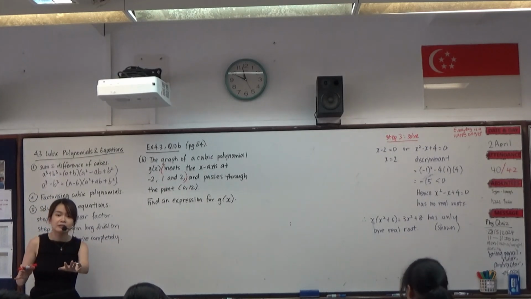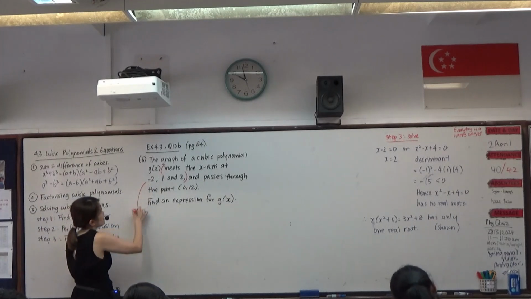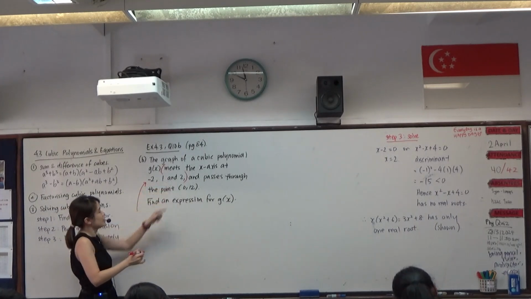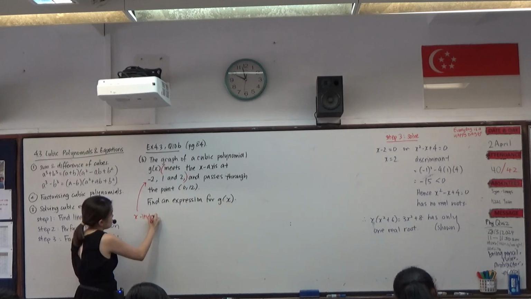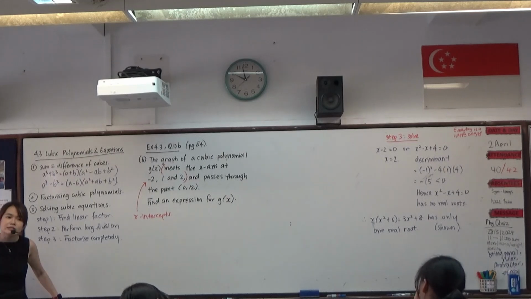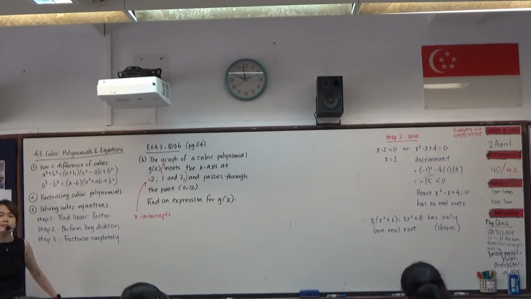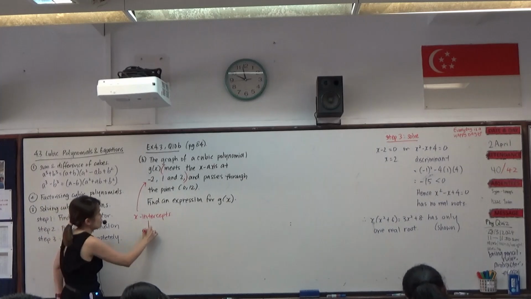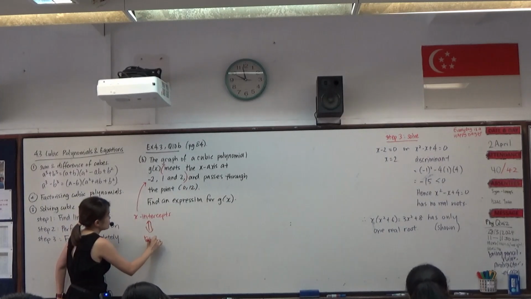X-intercepts, right? So negative 2, 1, and 2 are x-intercepts, because it meets the x-axis at these values. What is an alternative interpretation of x-intercept? Roots. So they are also considered to be roots.